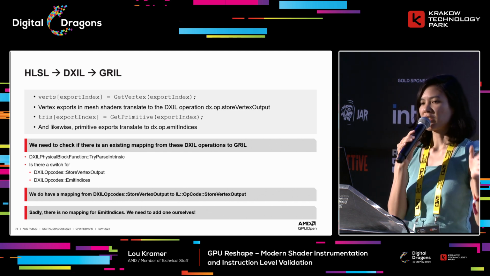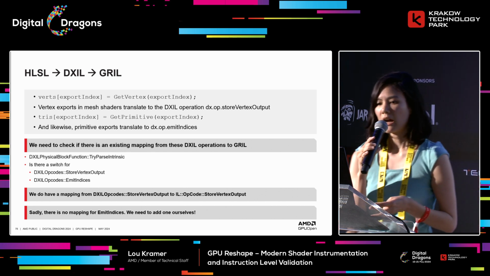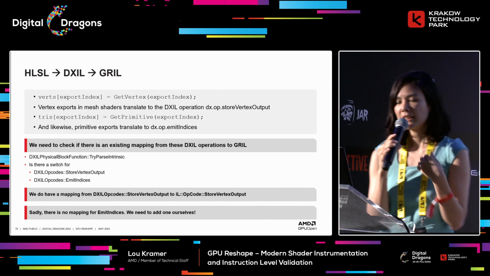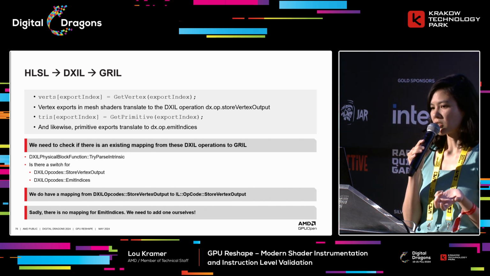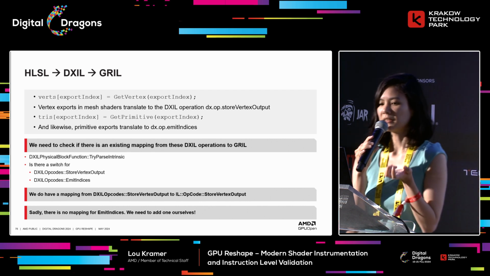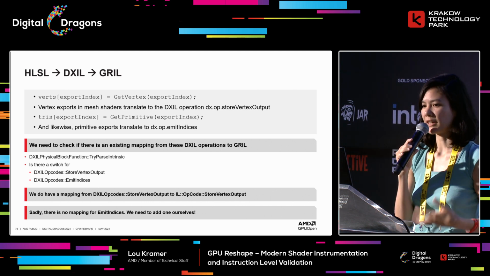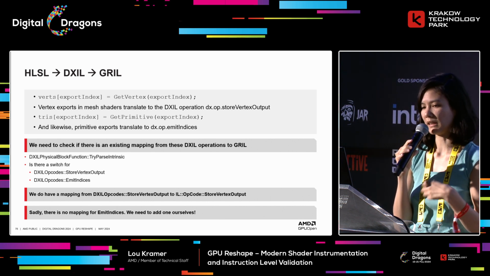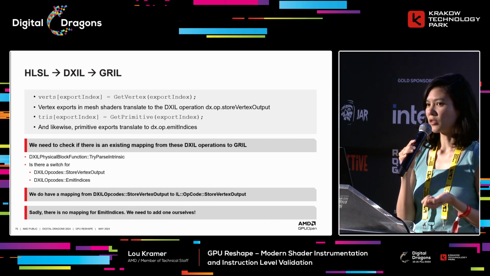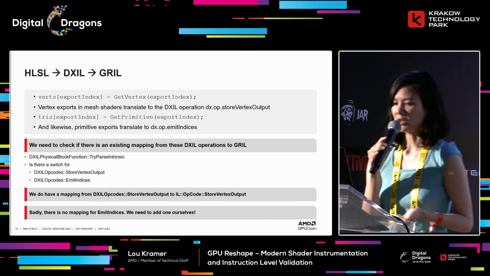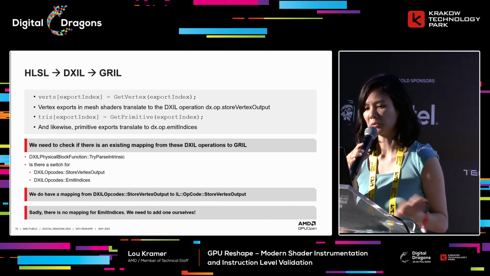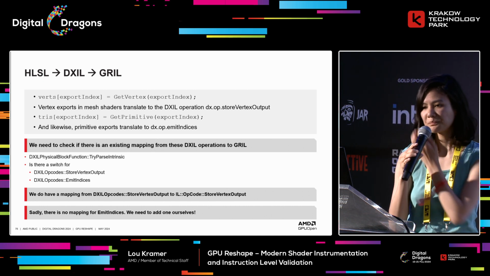So first we need the HSL to Dixel mapping. And so the Dixel instructions for the vertex export is dx.op.store vertex output, and for the primitive export is dx.op.emit indices. And there's actually also one for primitive attributes export, which I will not talk about today, but it also exists.